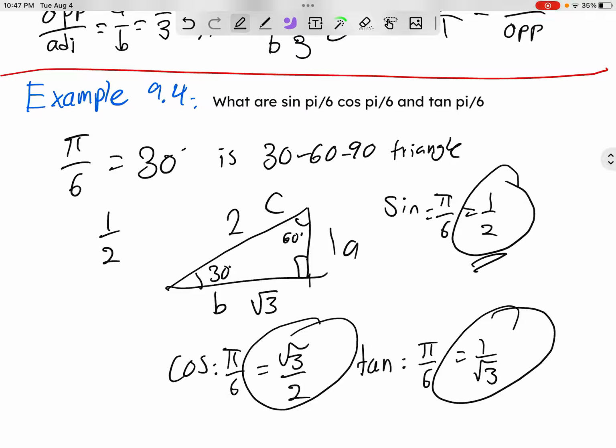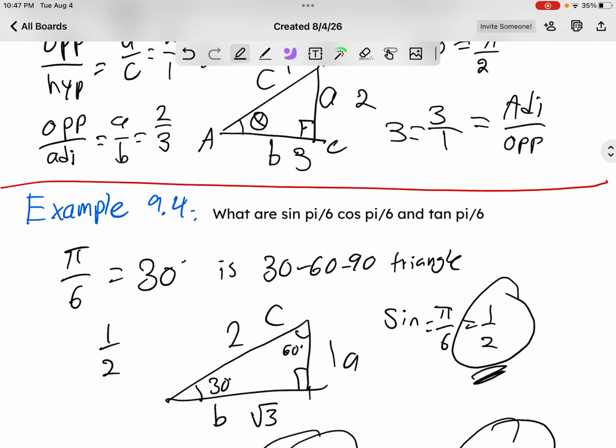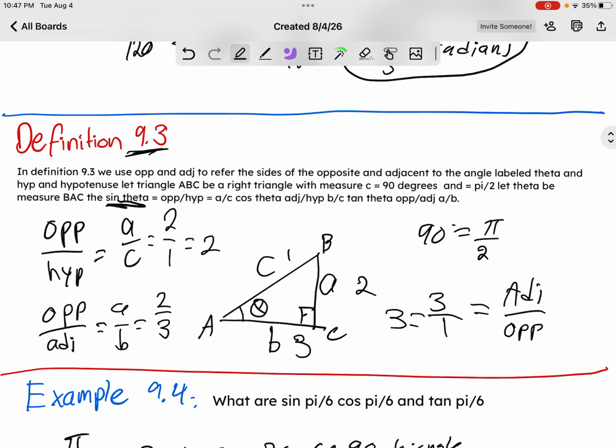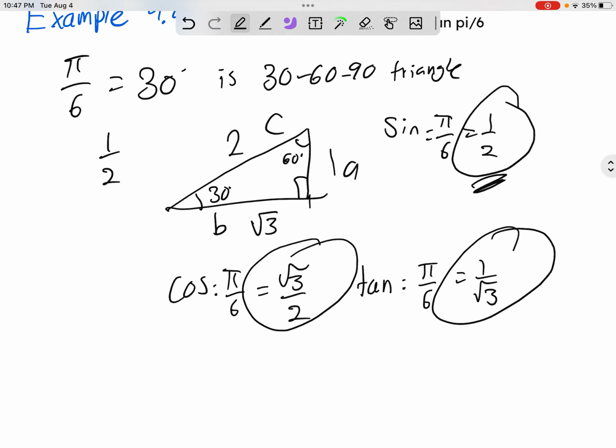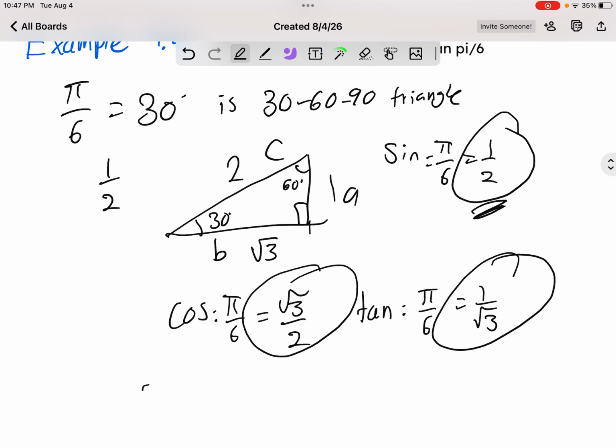Cos theta means B over C, which is root 3 over 2.